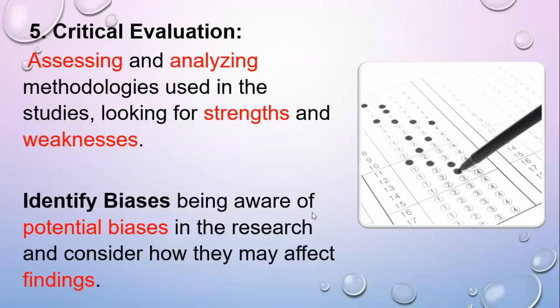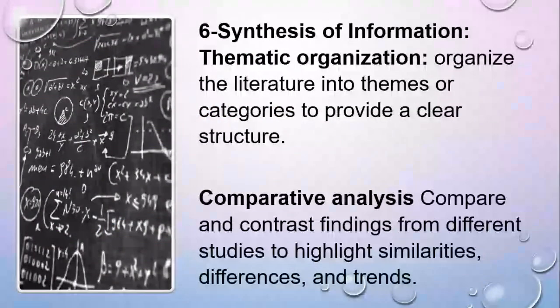Okay, now we move on to the next point. Here, the synthesis of information. When you write your literature review, you have to organize your literature in themes. This is something to do with organization. You have to organize your review according to themes and categories.